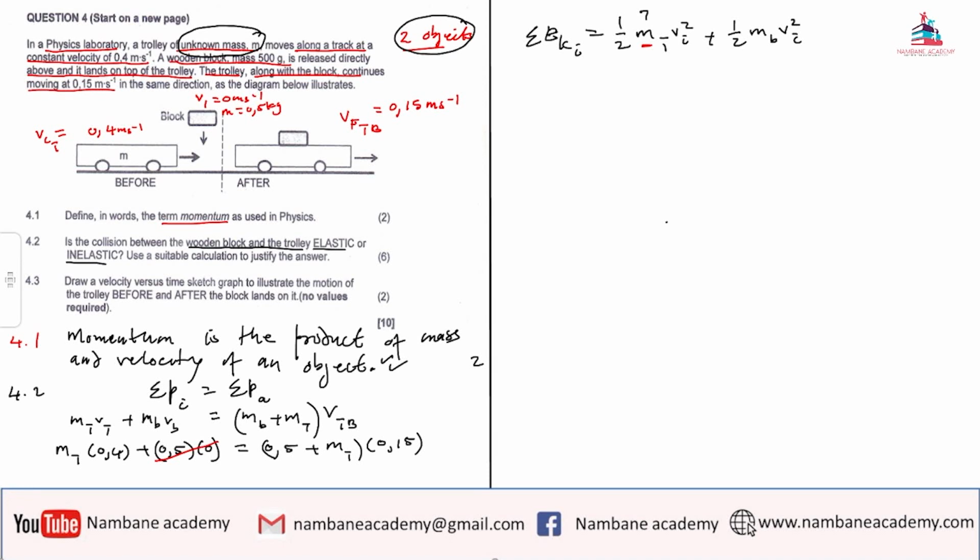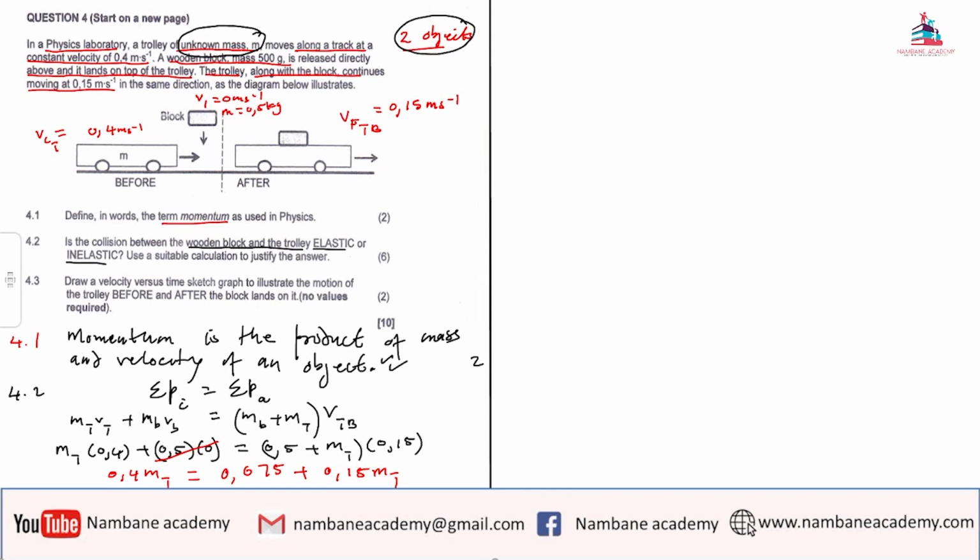This will be 0, then here I will have 0,4 MT, which is equal to 0,5 multiplied by 0,15. Let's get the calculator. 0,5 multiplied by 0,15 gives us 0,075, plus 0,15 MT. Allow me to remove this, we will go back to it because it was for the purpose of explanation.